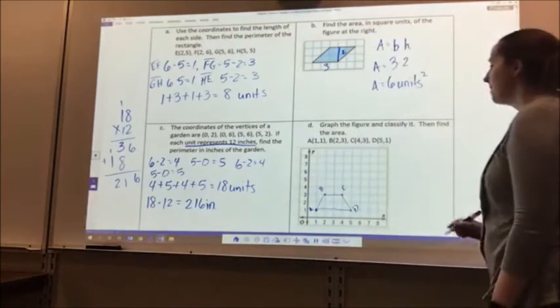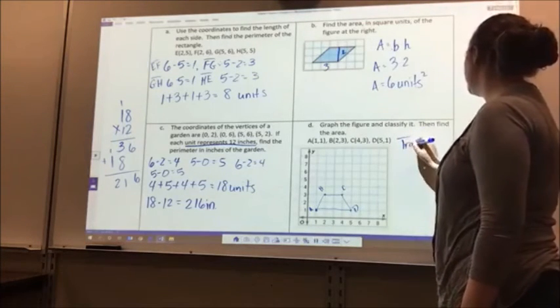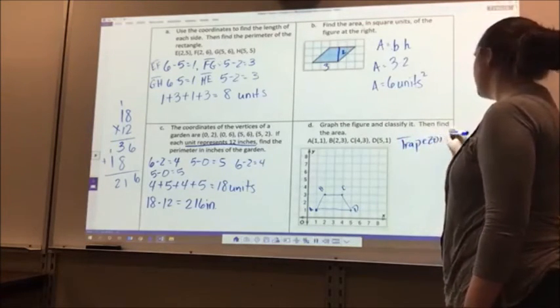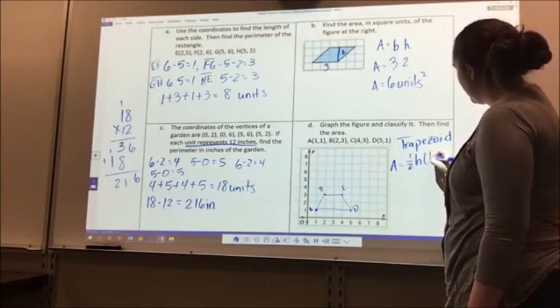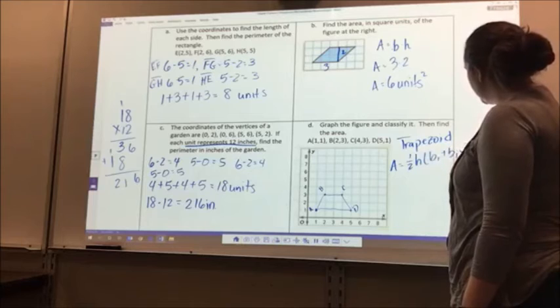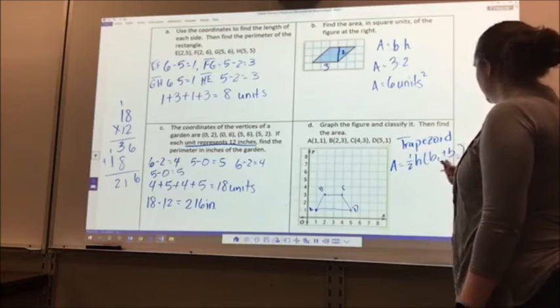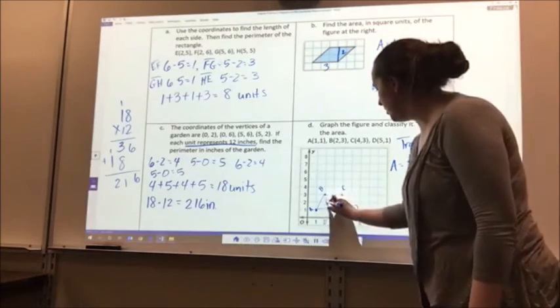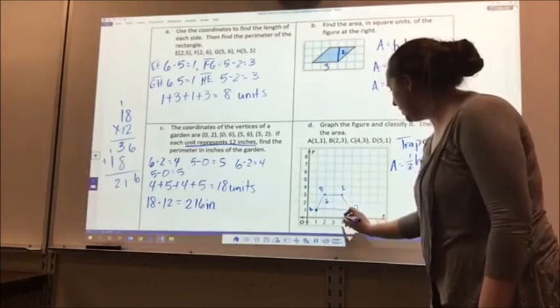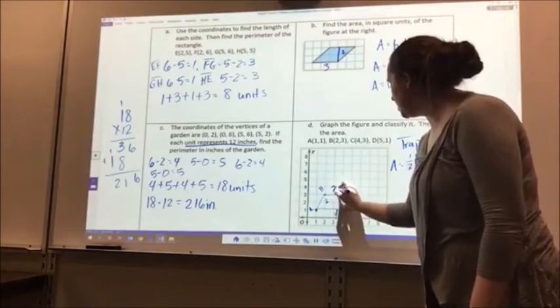Okay. So this is a trapezoid. I need to find the area. So area of a trapezoid is 1/2 the height, base 1 plus base 2. So my height is 2. Base 1 is 1, 2, 3, 4. Base 2 is 2.